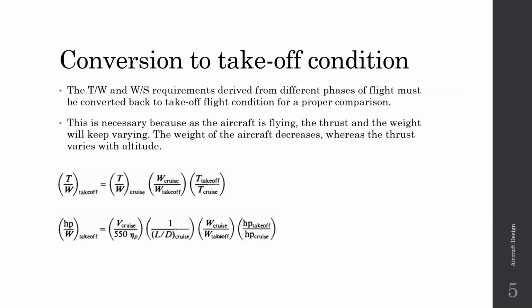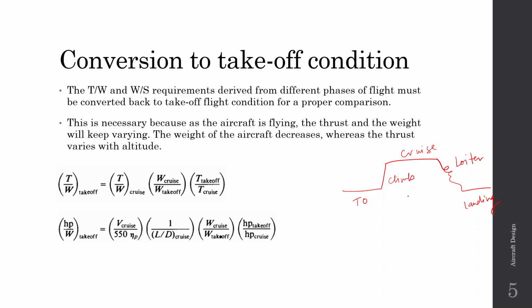Okay, now moving on. The other thing is conversion of all these ratios to the takeoff condition. Typically your flight has several stages, such as the takeoff roll, then the climb phase, then the cruise phase, loiter, and landing.